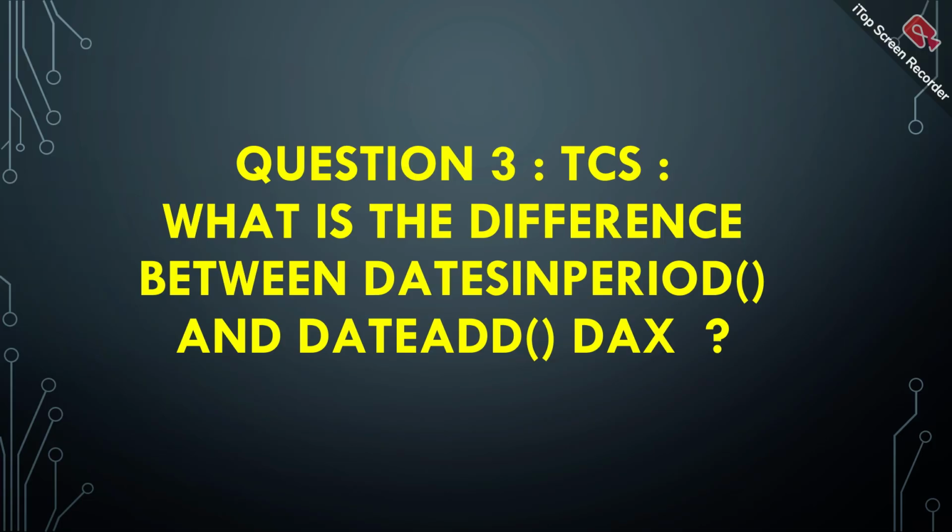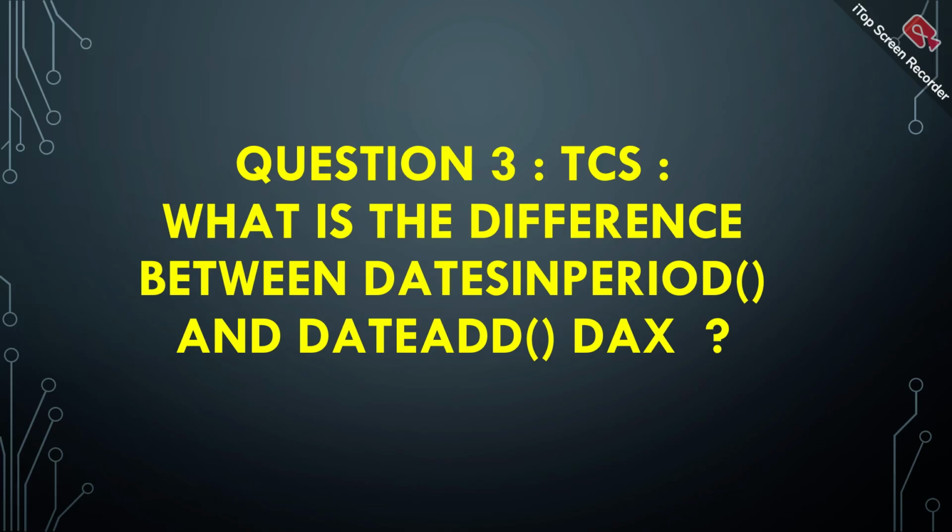This is happening because DATESINPERIOD follows the rolling window or rolling calculation, and the DATEADD function follows the time shifting mechanism. It will shift your values according to whatever filter you are passing. That is the major difference between DATESINPERIOD and DATEADD.